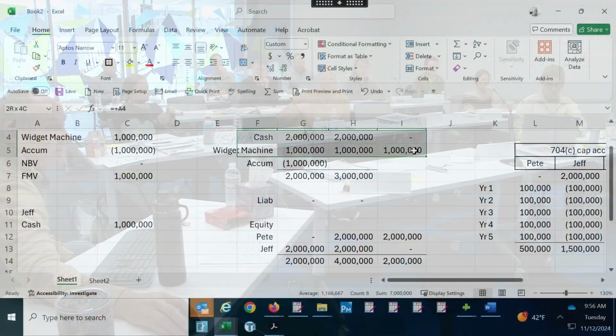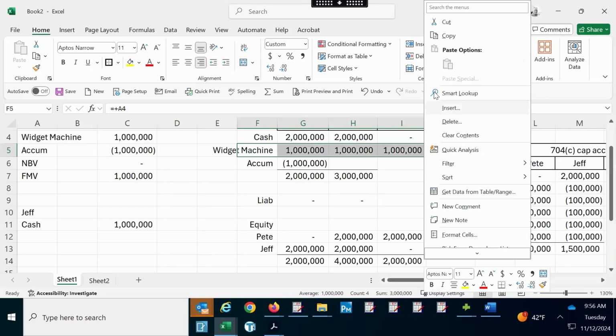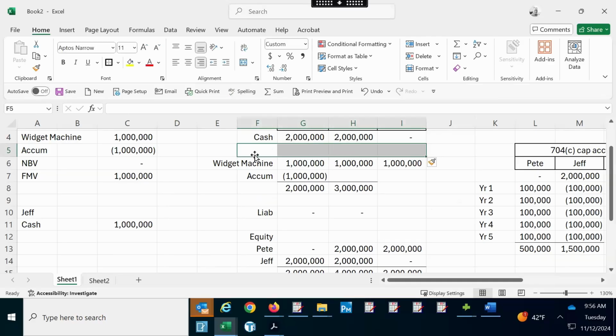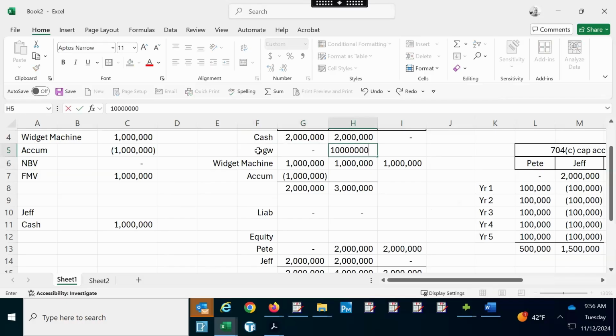If my machine is worth $1 million and I'm getting $2 million of equity, what do you suppose I'm missing? Goodwill. Okay, so if we say that there's a goodwill component, there we go. We have goodwill, that's $1 million.